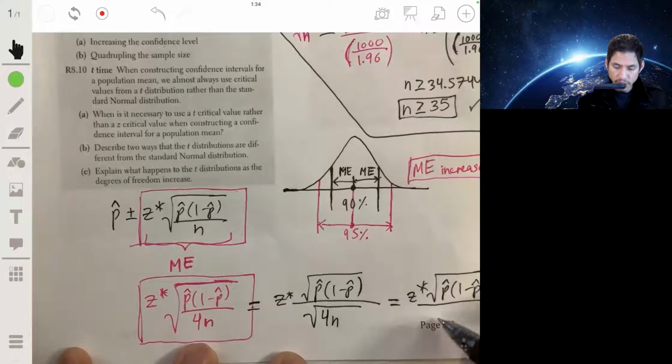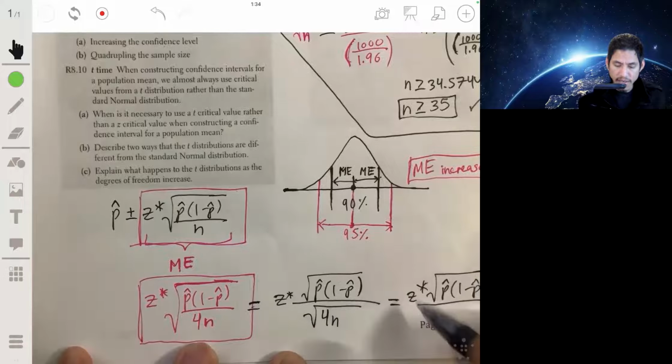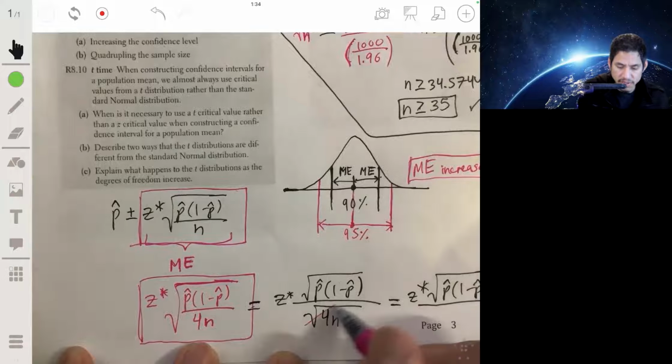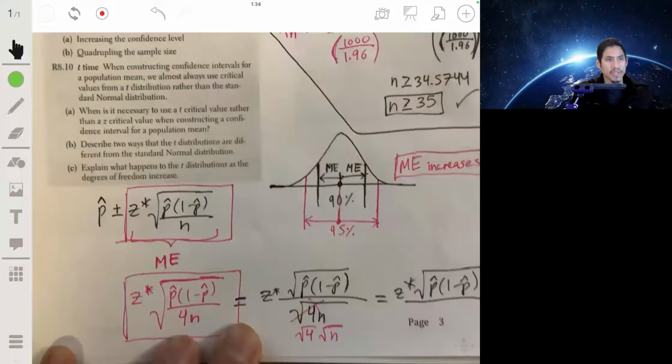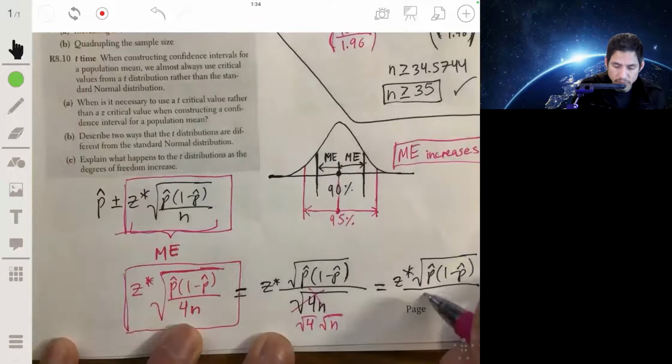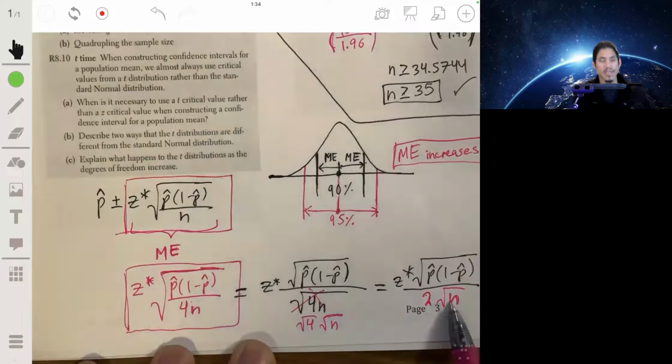But the square root of 4 is just 2. So this is the same as 2 times the square root of n. So this simplifies to that.